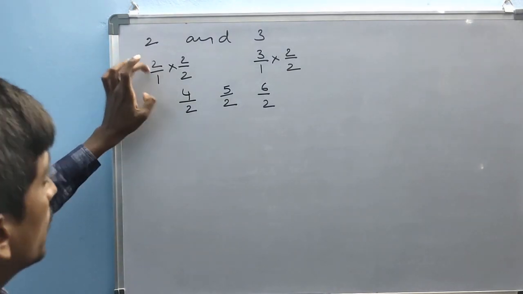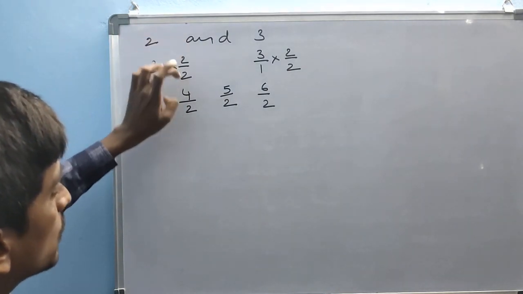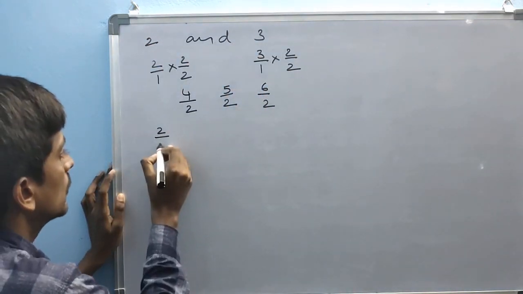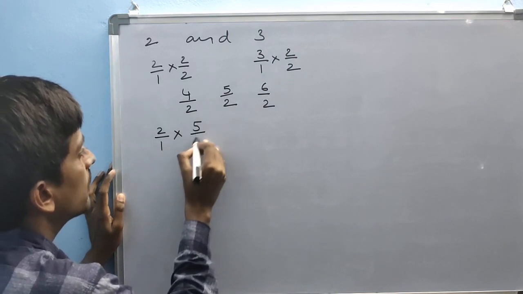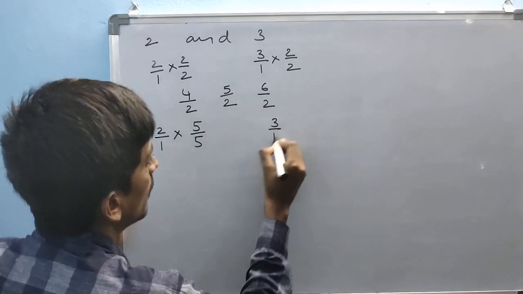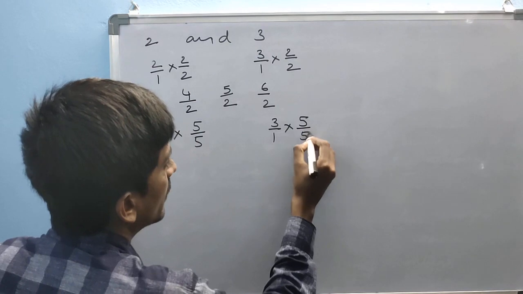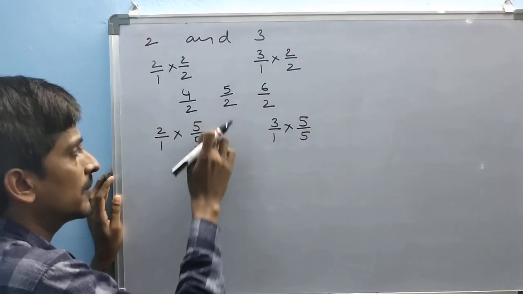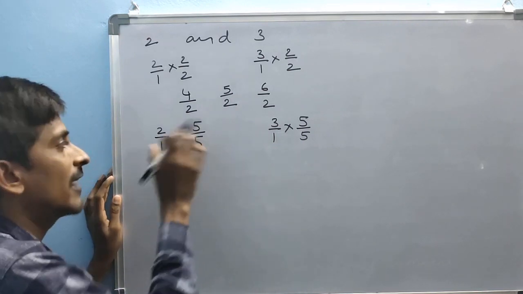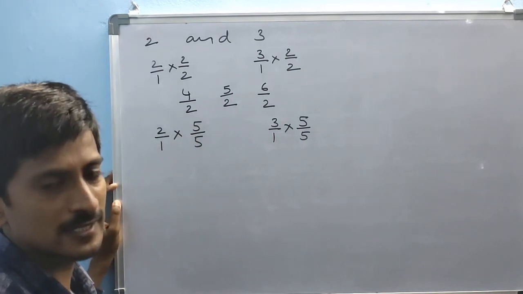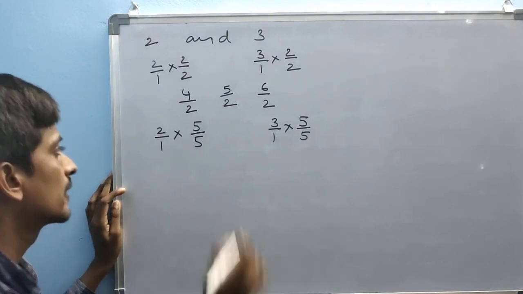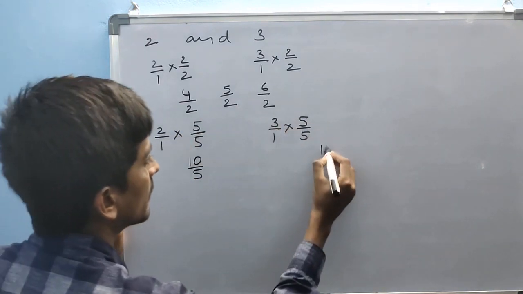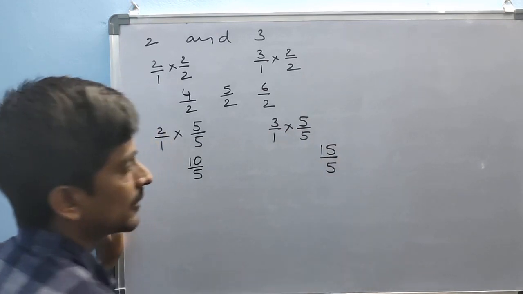Now if you multiply with 5 by 5: 2 by 1 into 5 by 5, 3 by 1 into 5 by 5. If you multiply both numerator and denominator by the same number, the value does not change, as you already learned in lower classes. So 2 fives are 10 by 5, 3 fives are 15 by 5.